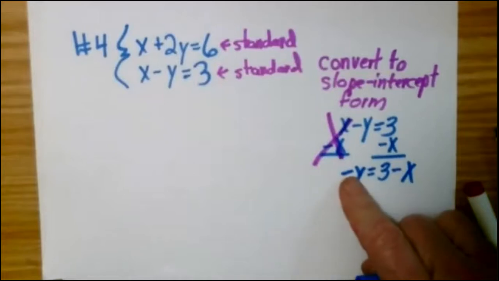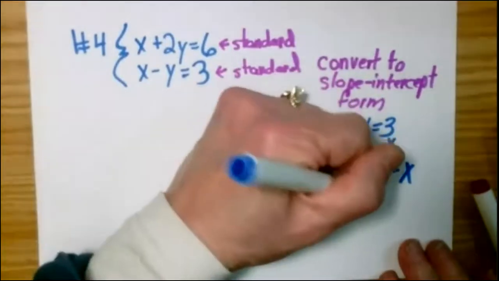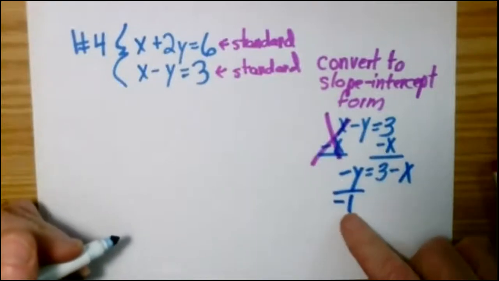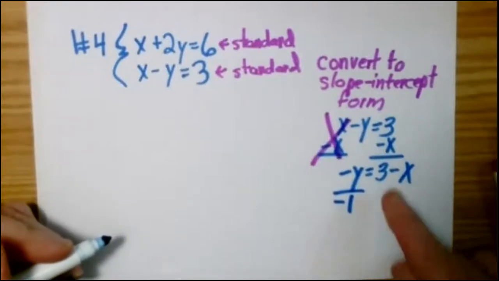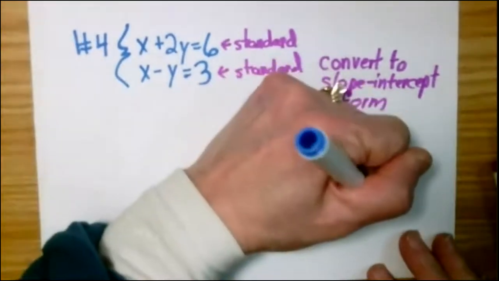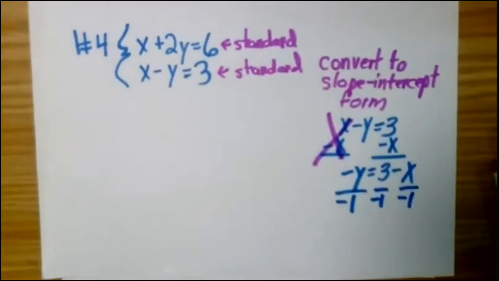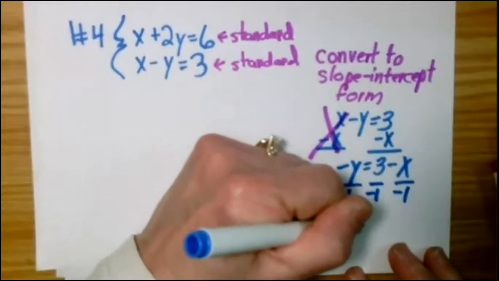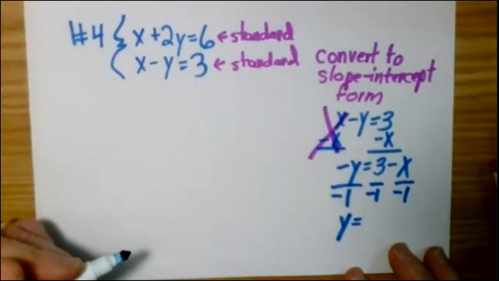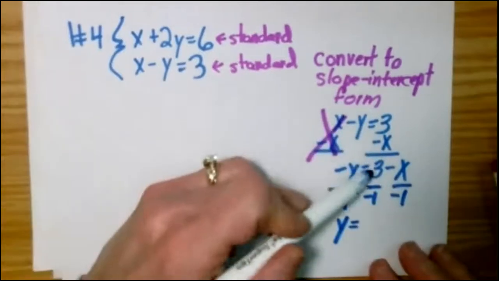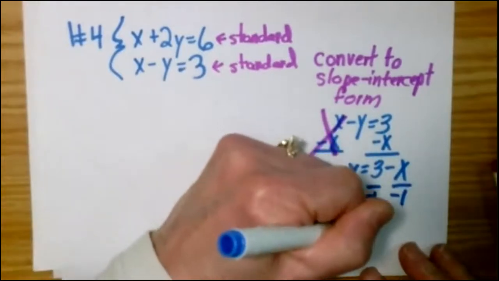I do not want to keep the negative sign there, so I'm going to divide by negative 1. But remember, when I divide by negative 1 on this side, I have to divide everything on that side by negative 1. So negative 1 and negative 1, which will leave me with the two negatives crossing off. I'm left with y equaling 3 divided by negative 1, negative 3.